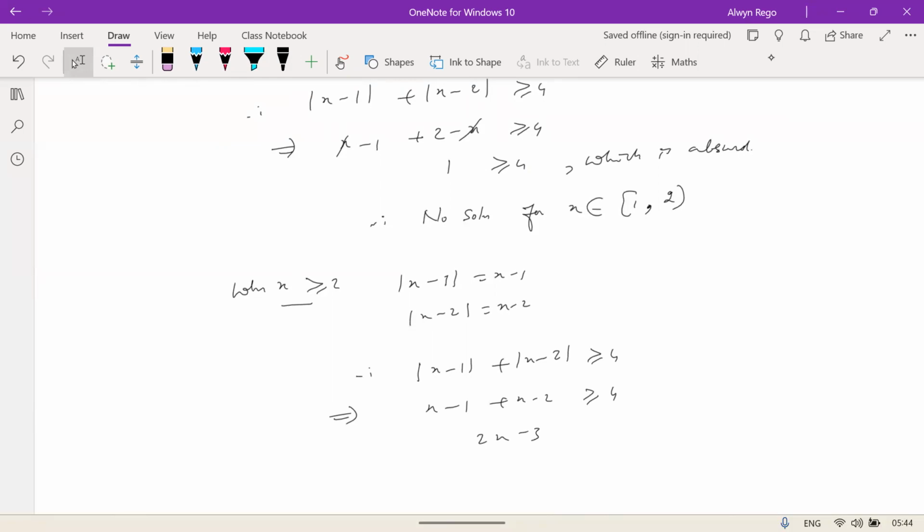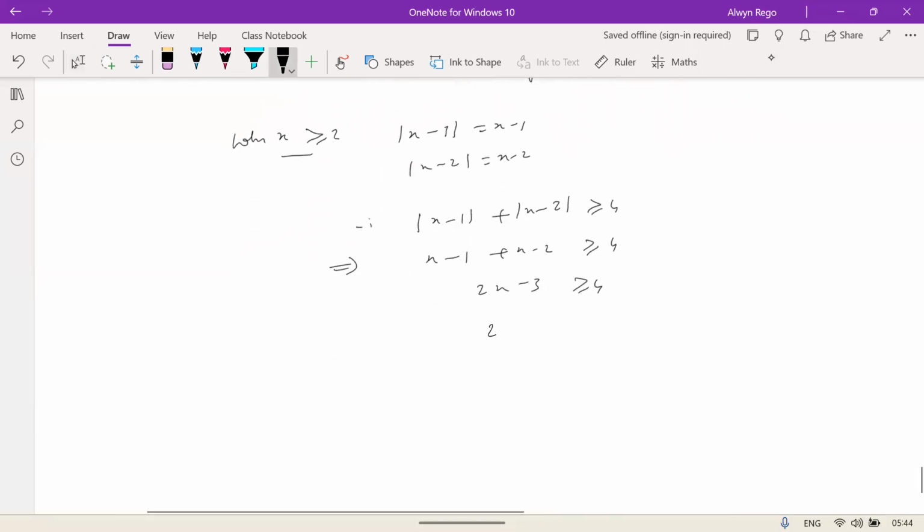Therefore, 2x minus 3 is more than or equal to 4. Therefore, 2x is more than or equal to 7. Therefore, x is more than or equal to 7 by 2. Therefore, x belongs to 7/2, comma, infinity.